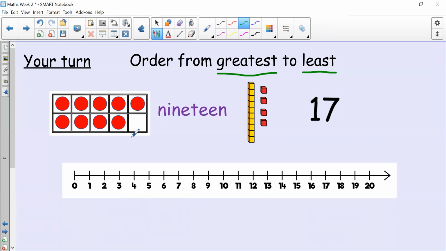Okay, and then find it on the number line, and then do the same for the other 4 numbers. So pause the screen here to work out what each number is. You can circle it on a number line or your 100 square at home if you've printed that off, or you can just do it by looking at the screen. Pause here to have a go at that and then order the numbers from the greatest to the least.